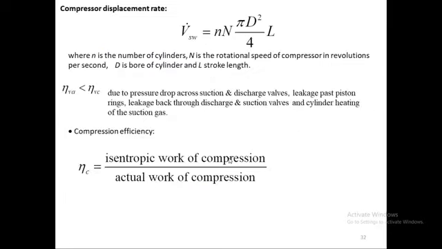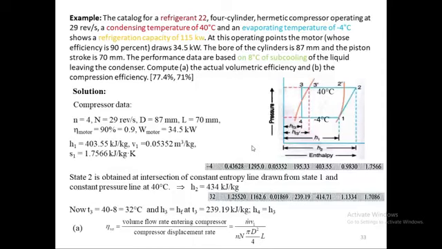Now I want to move on to look at one simple numerical on this. Here is that numerical. The example reads: the catalog for a refrigerant 22, 4-cylinder, so small n is 4 and the refrigerant is 22, so we have to use R-22 charts and tables.